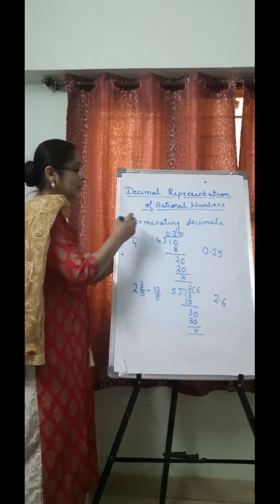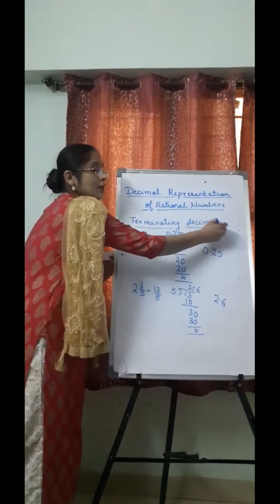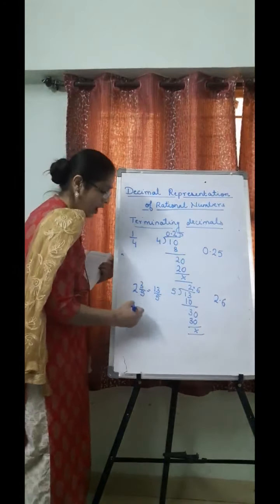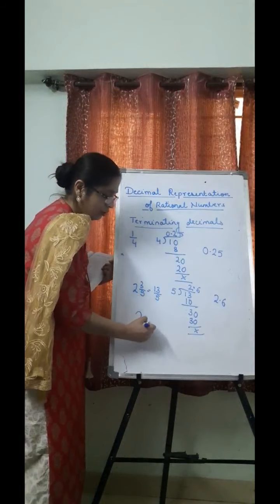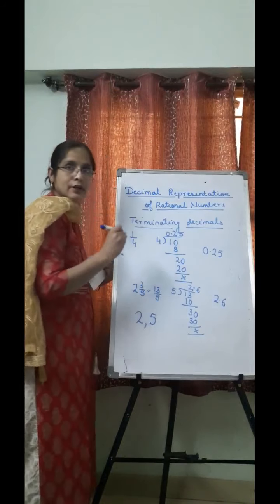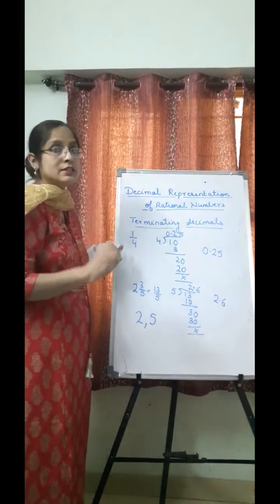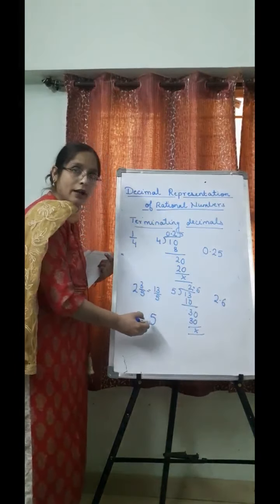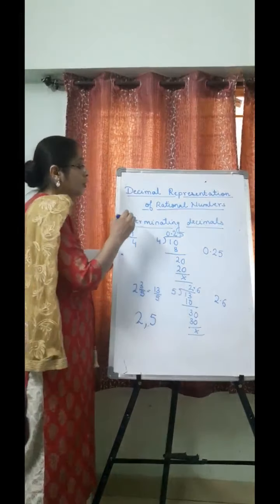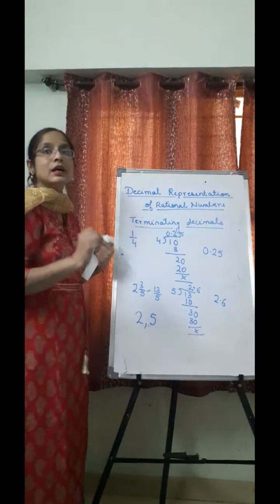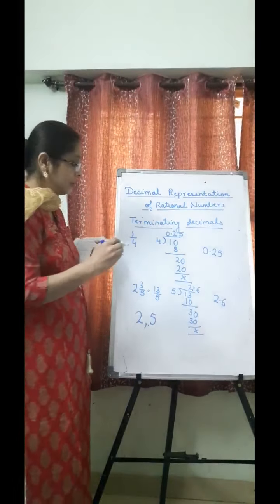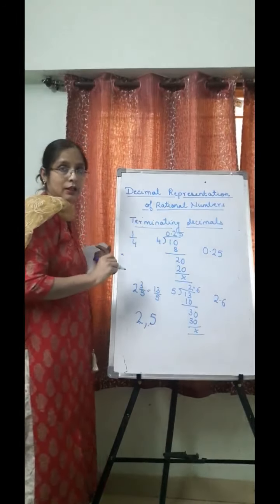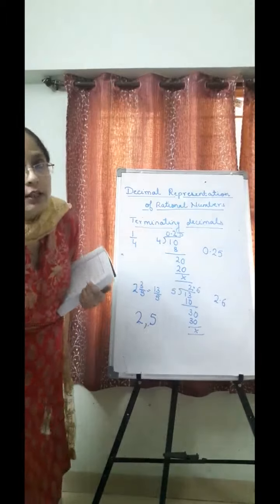Whenever we obtain a terminating decimal, the prime factors of Q are either 2 or 5. That means there is no other prime factor other than 2 and 5. I repeat, Q should not have any other prime factor other than 2 and 5. Then we obtain a terminating decimal.